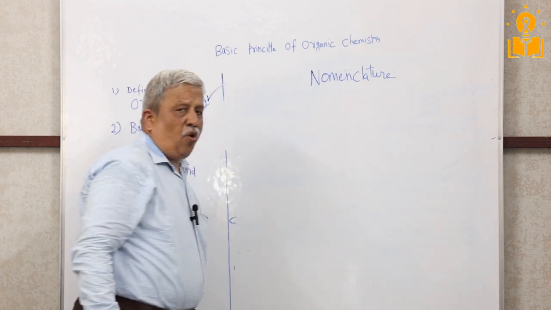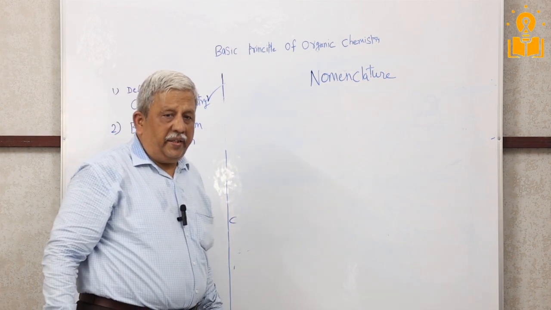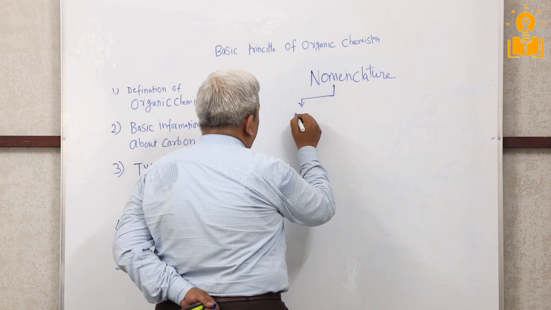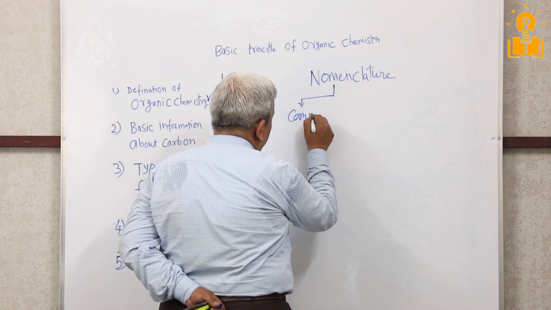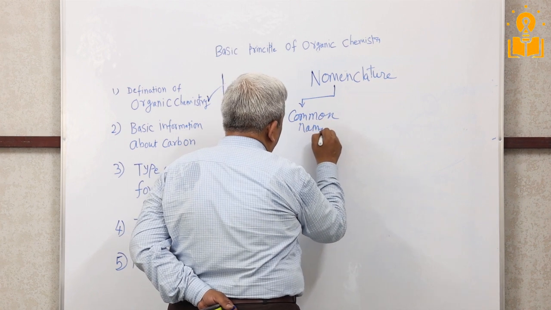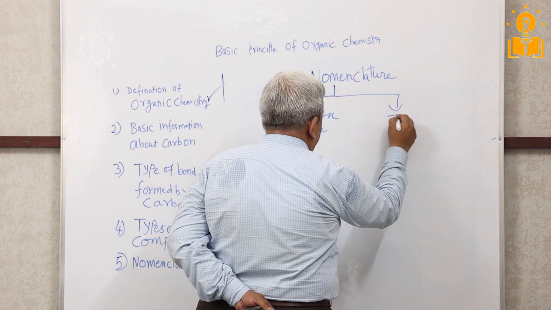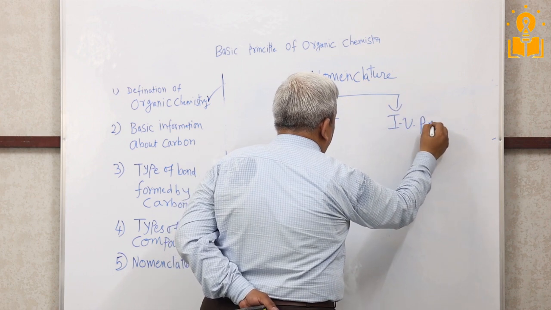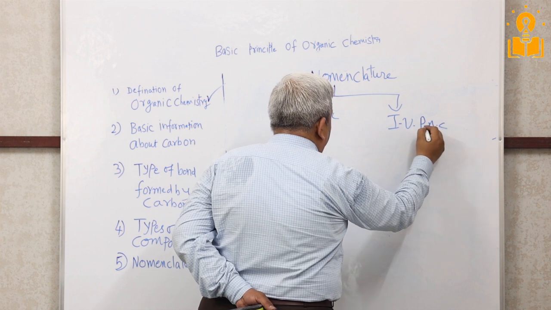Now, when we consider the nomenclature of hydrocarbons, there are mainly two. First one, common name, and second, IUPAC.